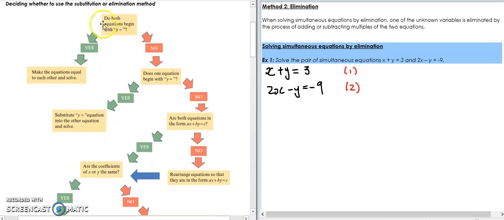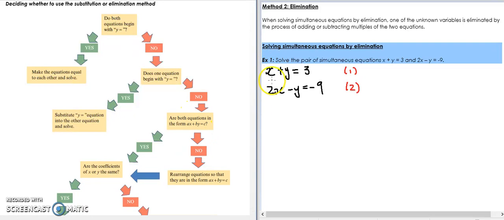So we're going to go to our mind map. Do both equations begin with a y equals? In this case, no. Does one equation begin with a y equals? Again, in this case, no. Are both equations in the format ax plus by equals c? Or in other words, a number in front of the x, a number in front of the y, and it's equal to a certain number?